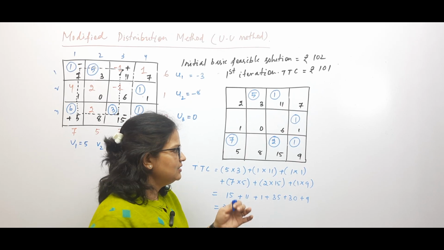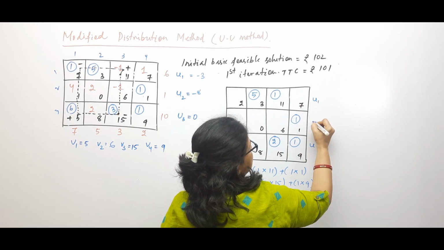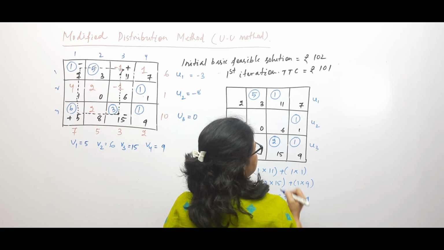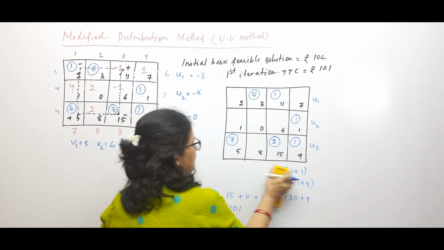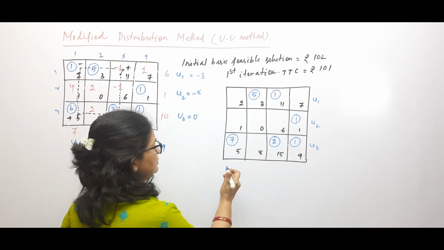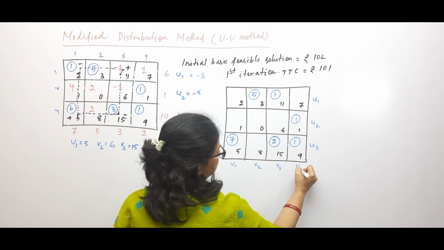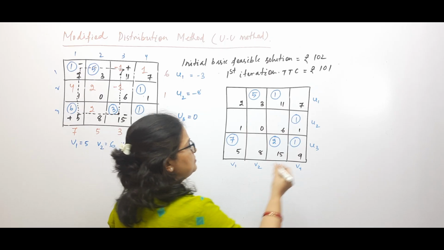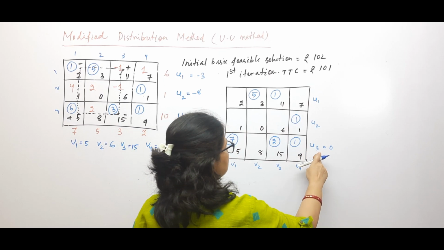Let us start with the U and V values. U1, U2, U3. Then V1, V2, V3, V4. Assume this one as 0. What we have done previously? Assume this one as 0.